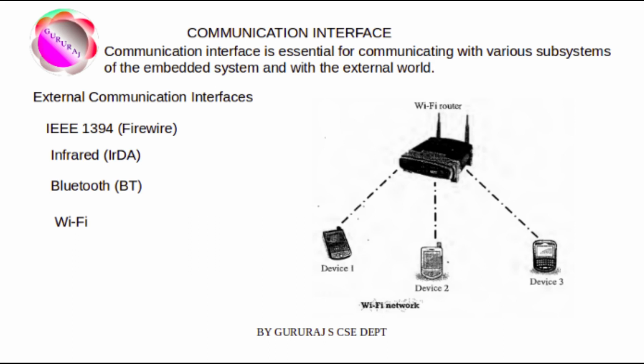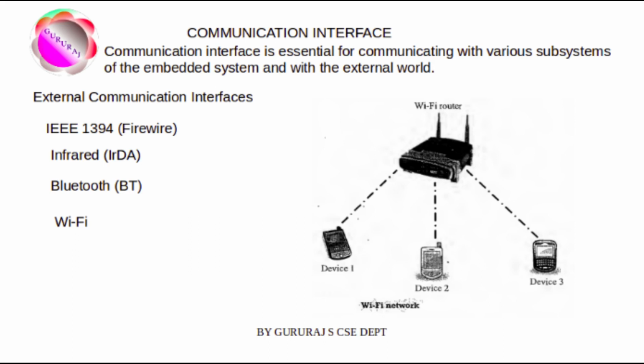Infrared communication technique uses infrared waves of the electromagnetic spectrum for transmitting the data. IrDA supports point-to-point and point-to-multi-point communication, provided all devices involved in the communication are within the line of sight. The range of infrared is 10 cm to 1 meter.